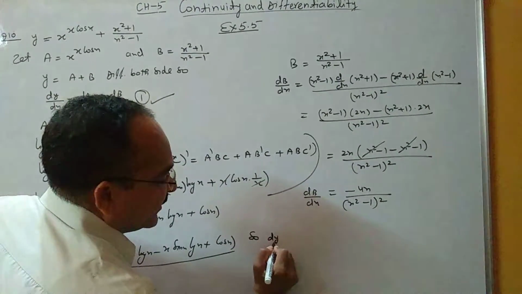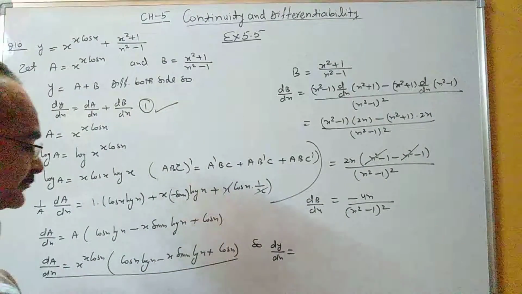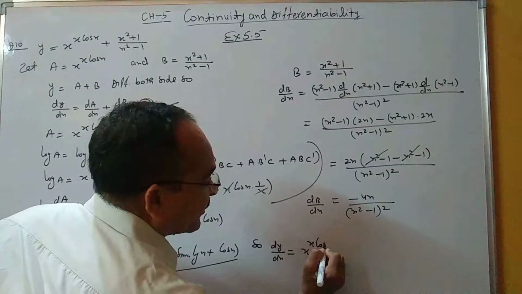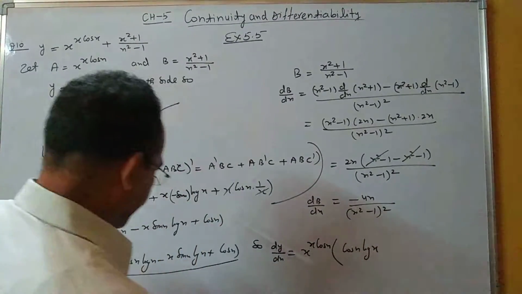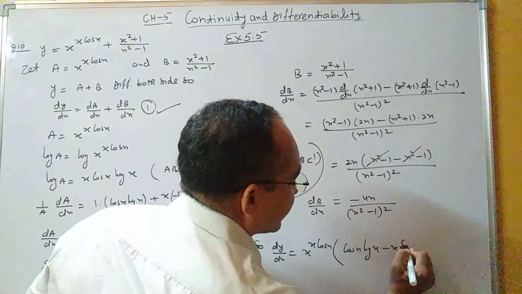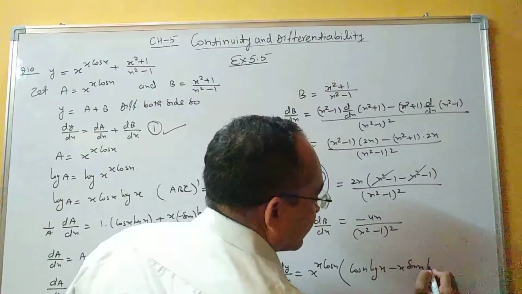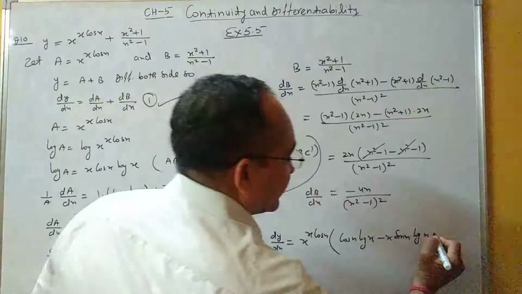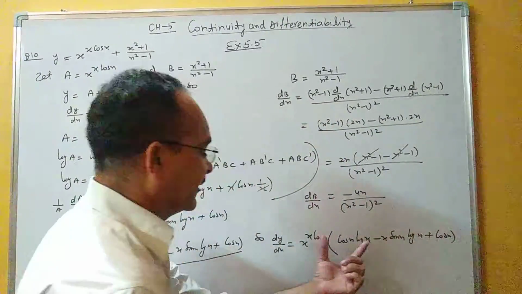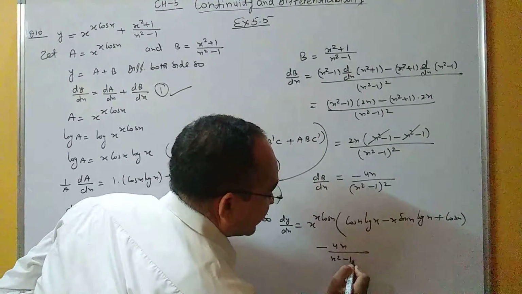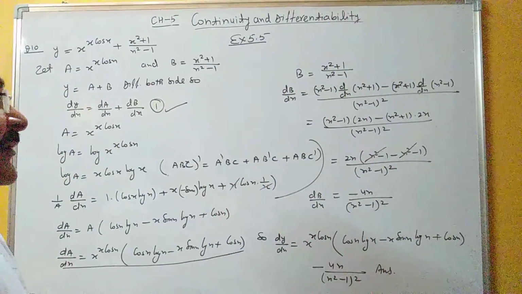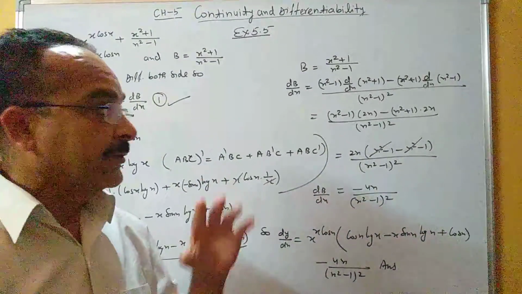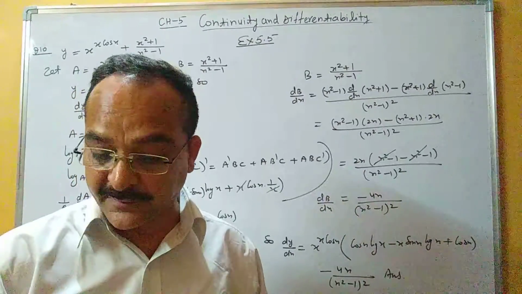So our answer is dy by dx is x to the power x cos x times cos x log x minus x sin x log x plus cos x, that is the value of dA by dx, minus 4x over (x square minus 1) whole square, that is our answer of this question. So this is the first type. Already I have discussed this type in the previous lecture.